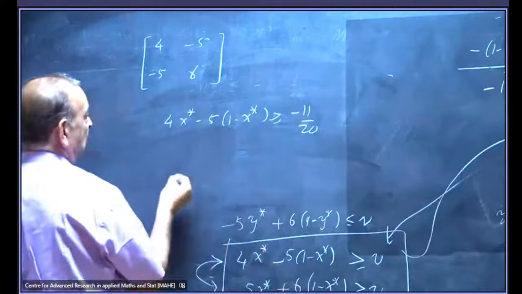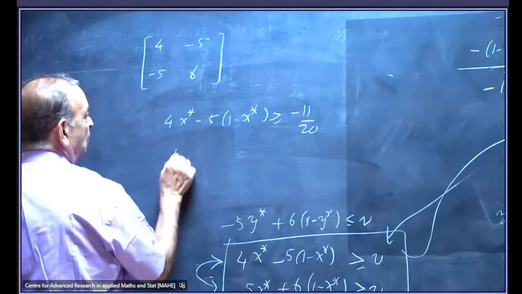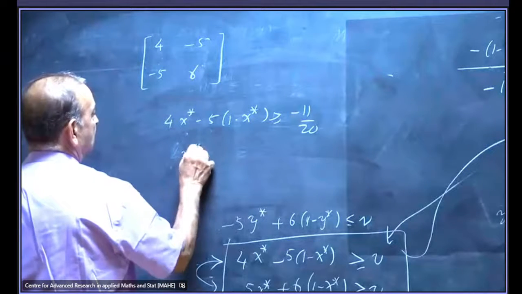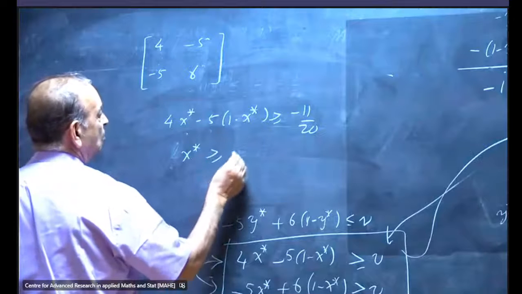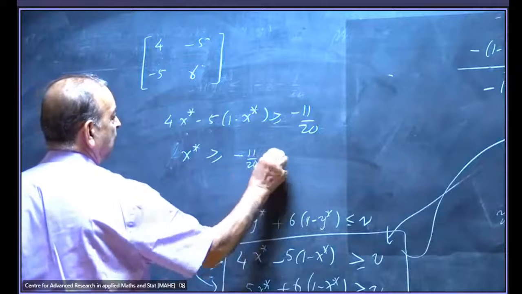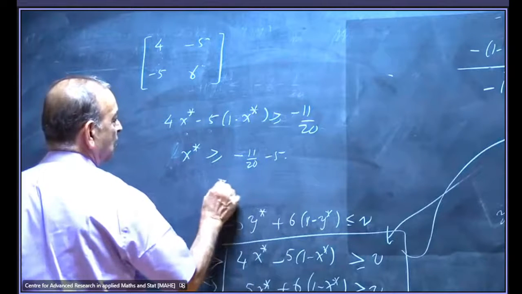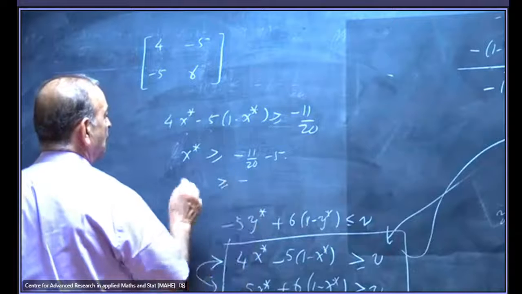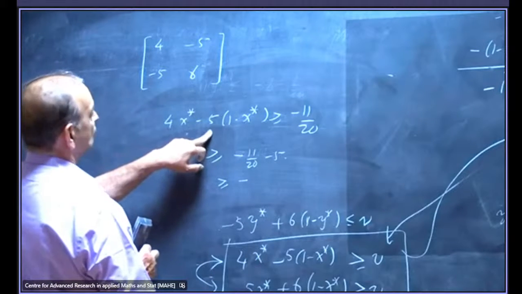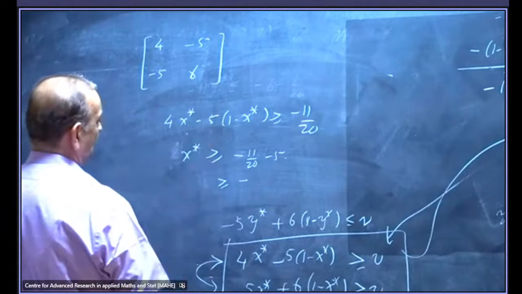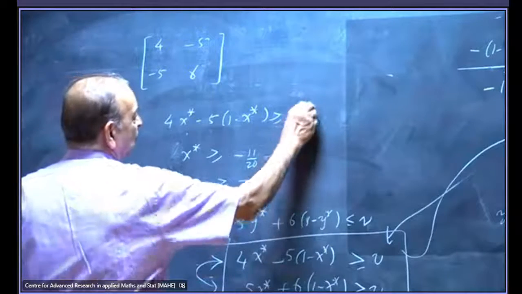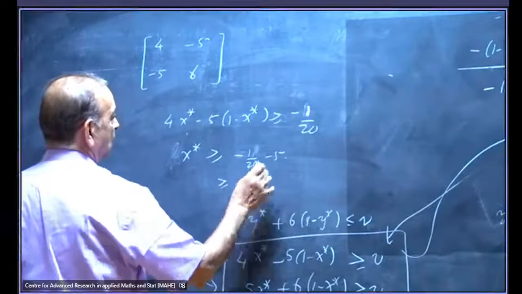So now I am going to manipulate the same thing. So 4 x star plus 5 x star. So x star is greater than or equal to minus 1 over 20 minus 5. You know the rule to be done. What was wrong? 4 x star minus 5 times 1 minus x star is greater than or equal to minus 1 over 20. Was it minus? No, minus 1. v is minus 1 over 20. Good.